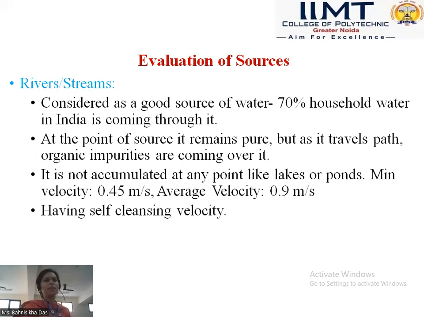For that reason, they have a particular self-cleansing velocity. To a certain extent, they have a self-purification process. So river water is much cleaner in comparison to the water available in lakes or ponds.